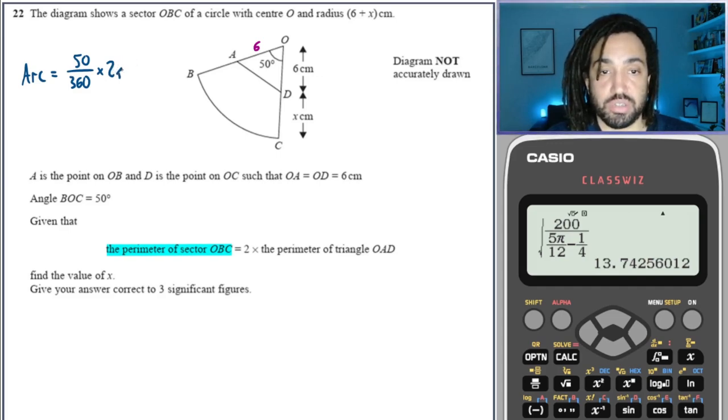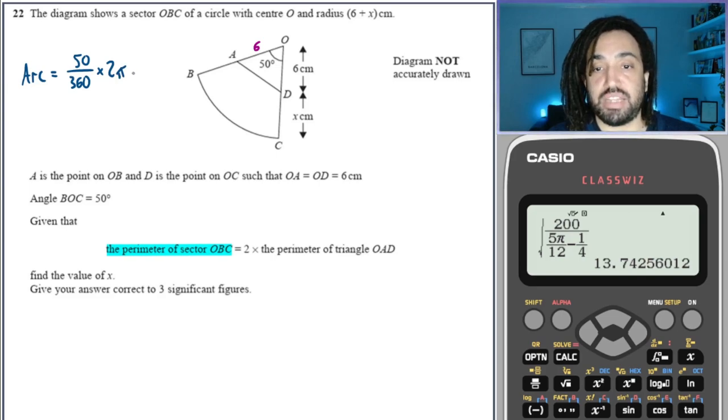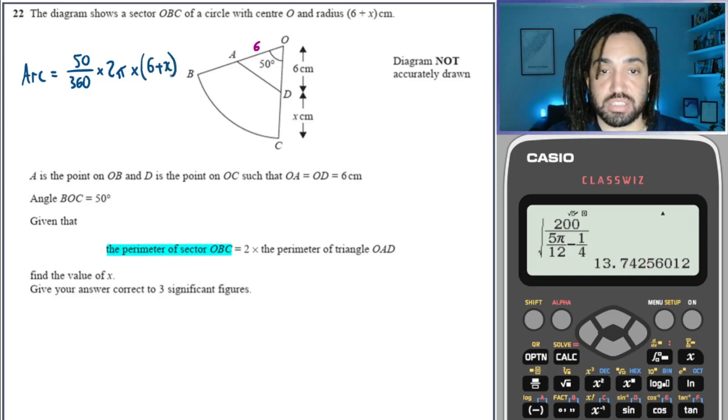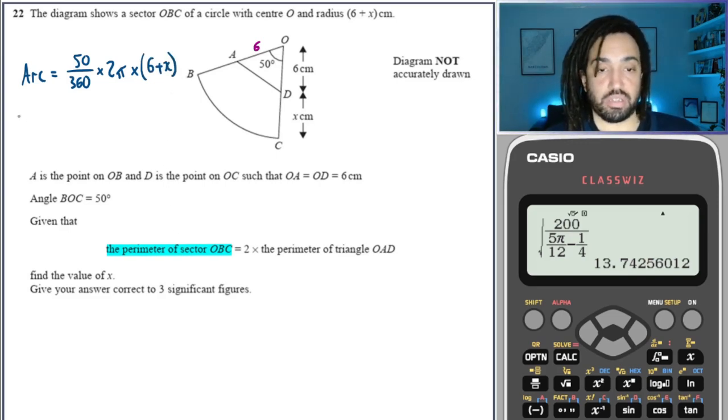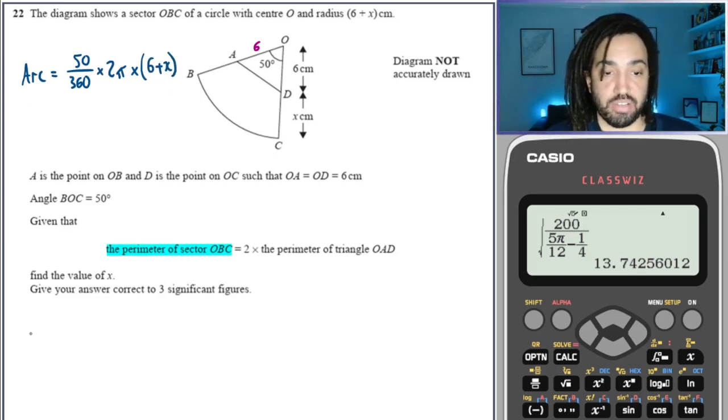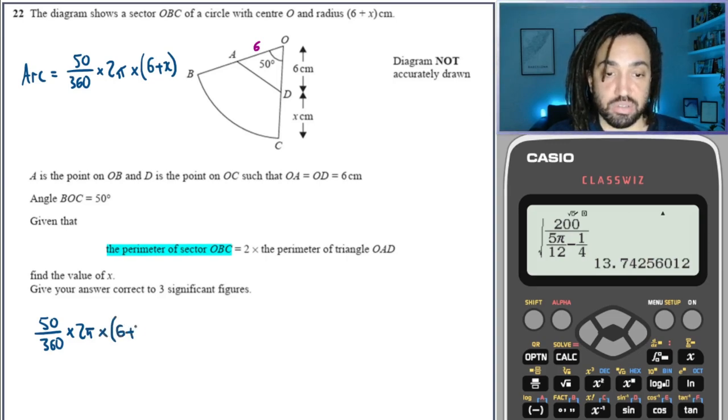So times by 2 pi, and then times by r, which is 6 plus x. Okay, so the perimeter therefore is this thing here, then added on.